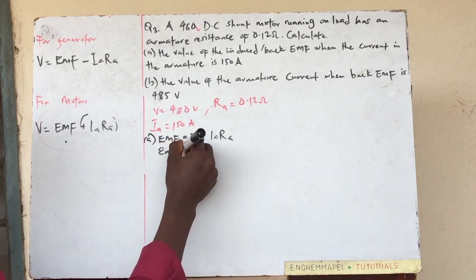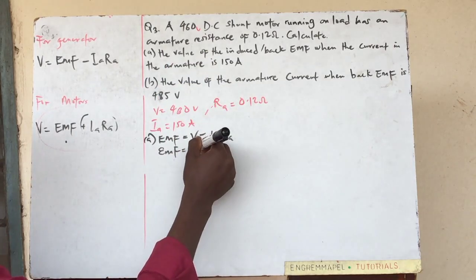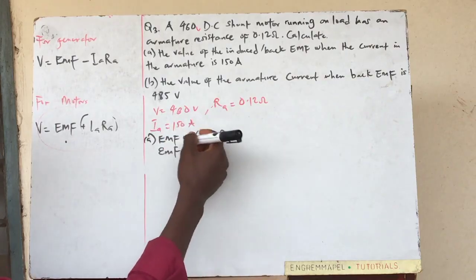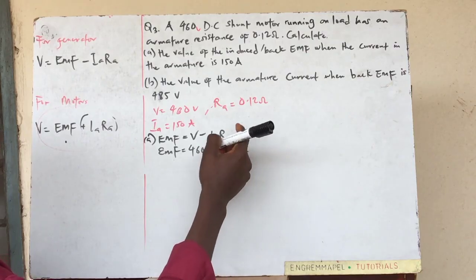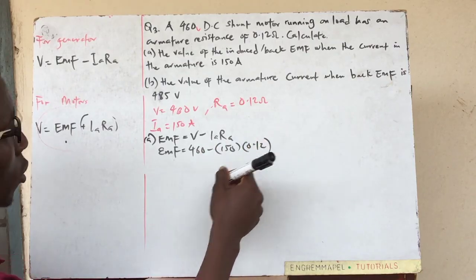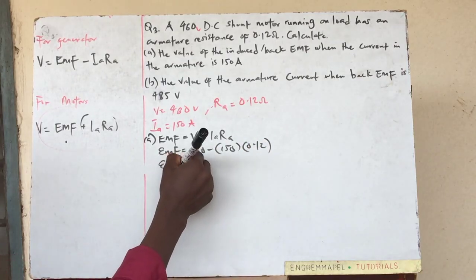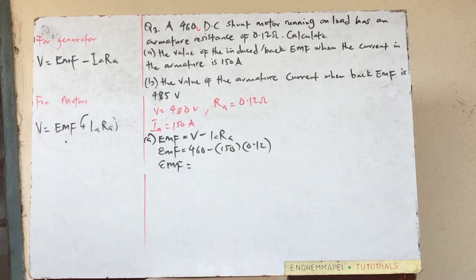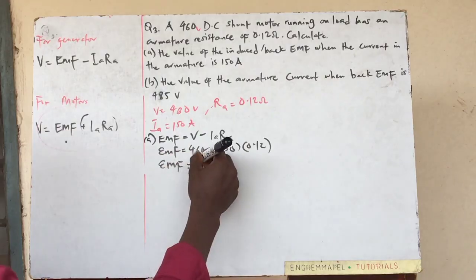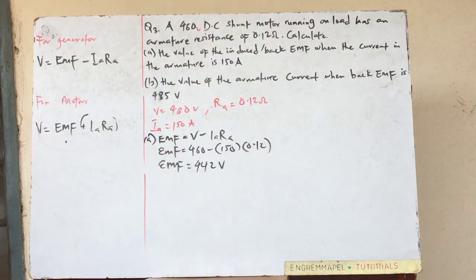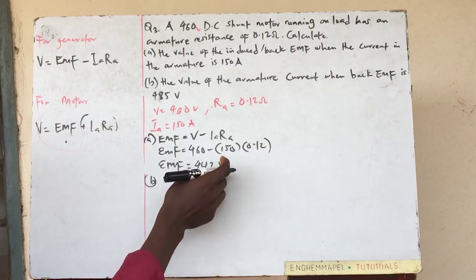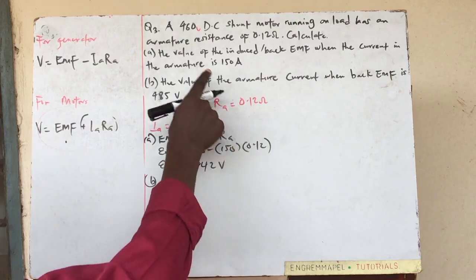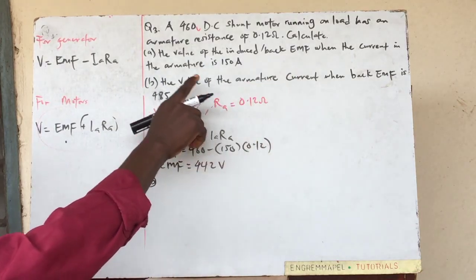The EMF here is the voltage 460 minus, open your brackets, 150 multiplied by the RA, 0.12. Let's see what that gives us. The EMF will be 442 volts. Yes, that's 442 volts. So that is the EMF that we were asked to look for, the value of the induced EMF when the current in the armature is this.